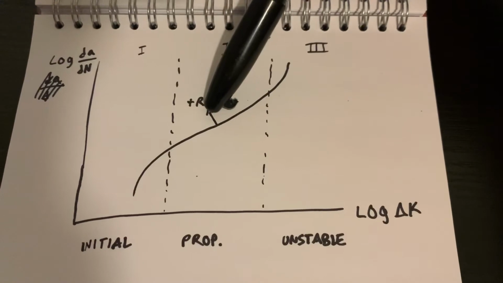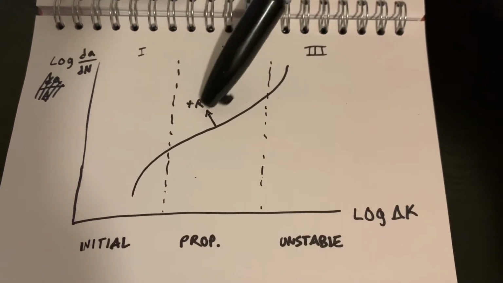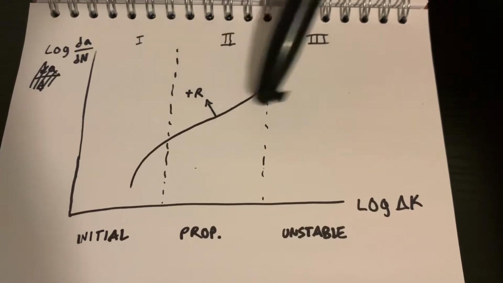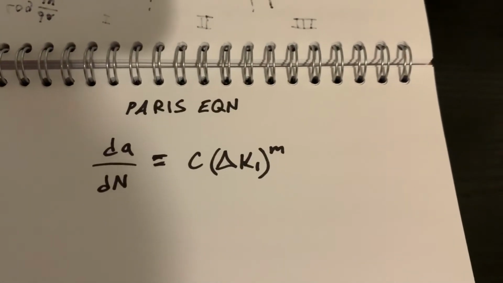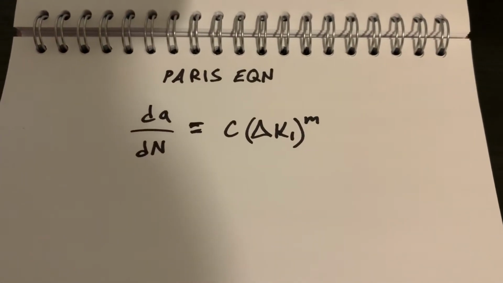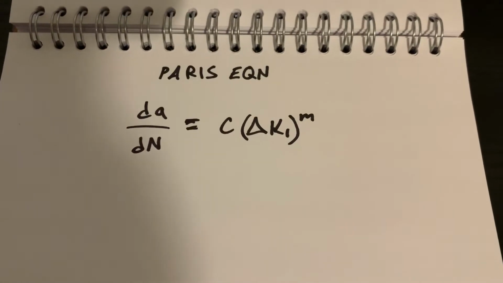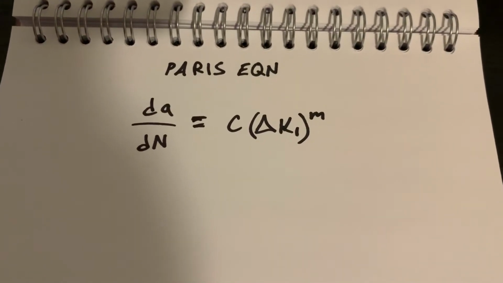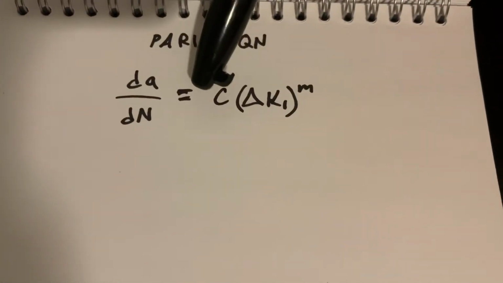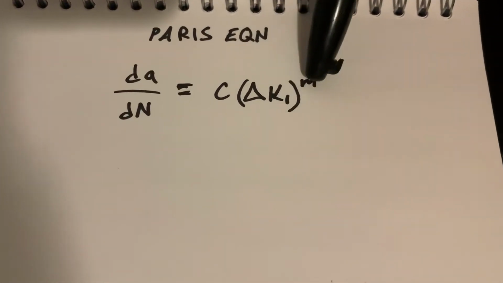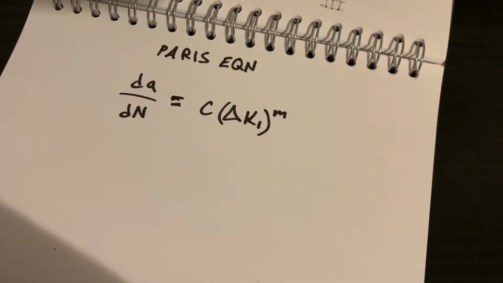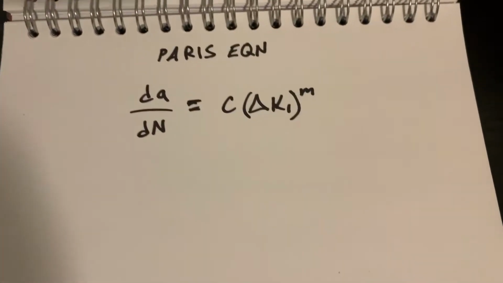One little detail here: if we increase the stress ratio R, this curve moves in this direction. And to approximate the crack growth in region 2, which is the propagation of the cracking, we use the Paris equation, which is dA over dN equals C times delta K to the M power. And C and M are constants that we find in table 6.1.